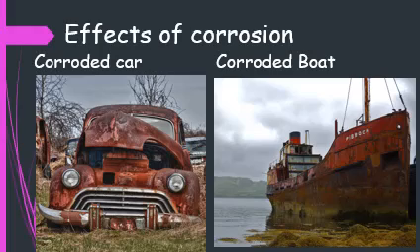Many other things around us get corroded. For example, the bridges used for moving vehicles like train bridges or vehicle bridges get corroded. The building parts also get corroded. We see corrosion in a lot of other things around us.